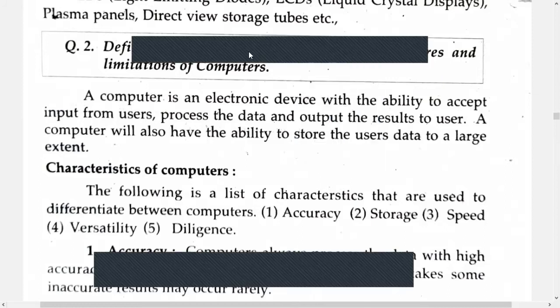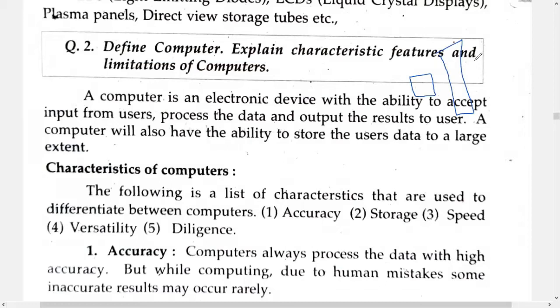Here we have input devices, control unit, and output devices. So you will be giving input, it will be processed, and an output is given. A computer will also have the ability to store the user's data, as we have discussed RAM and ROM. RAM is a temporary memory, ROM is permanent.